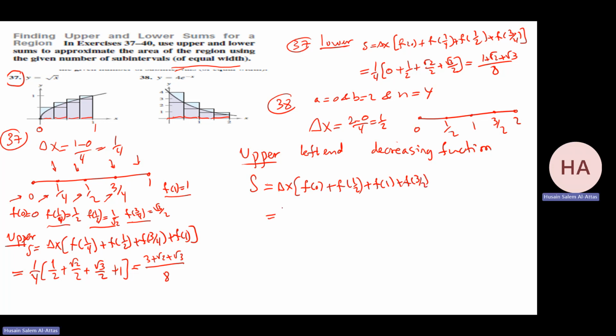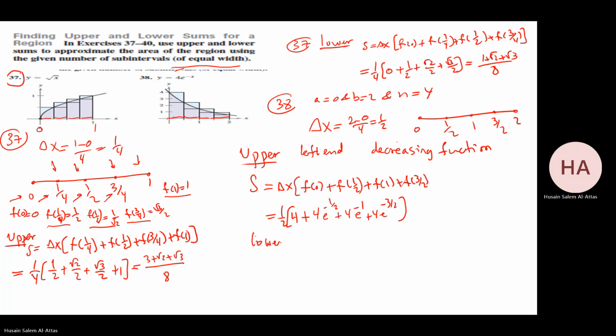That gives me half times: f at 0 is not 1, it's 4 e to the power 0, so 4, plus 4 e to the power minus half, plus 4 e to the minus 1, plus 4 e to the minus 3 over 2. Yeah, leave it like this. I can take 4 outside, so it will be 2 times this. You can do the calculation, I will leave it for you.